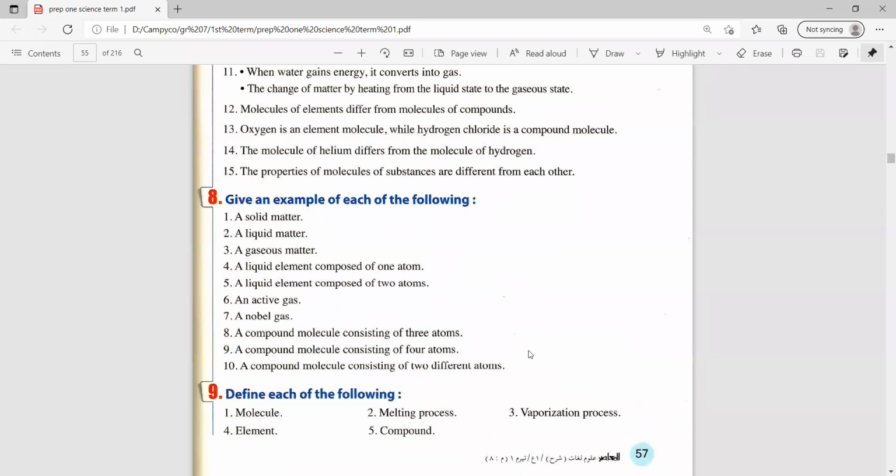Give an example of a compound molecule consisting of 2 different atoms. 2 different atoms. Like what?